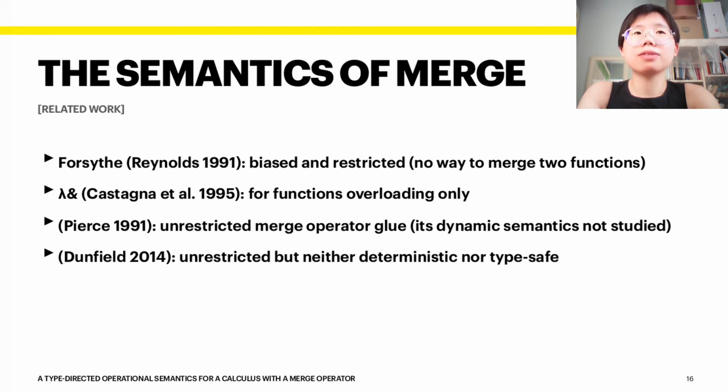Pierce was the first to briefly consider a calculus with an unrestricted merge operator, but he did not study the dynamic semantics. Finally, Dunfield goes further and presents a direct operational semantics for a calculus with an unrestricted merge operator. However, the problem is that subject reduction and determinism are lost.